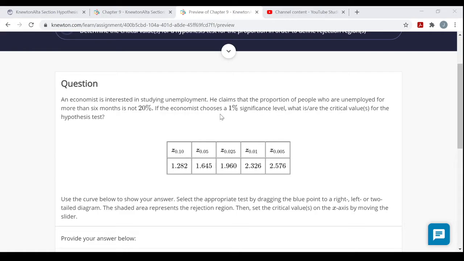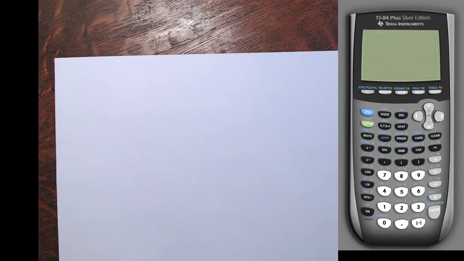If the economist chooses a 1% significance level, what is or are the critical value or values for the hypothesis test? We're given a table with some special z-scores: the z-score that would have 10% above it, the z-score that would have 5% above it, and so on. I'm going to get to a piece of paper and start writing out some of this information.